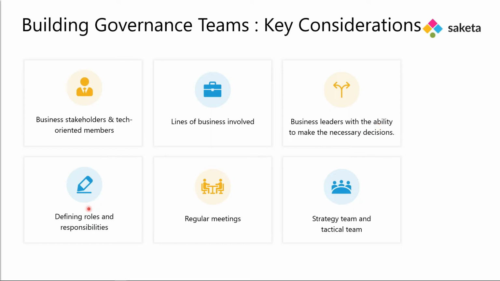And define clear roles and responsibilities for each and every person, regularly conduct meetings, collect feedback from those meetings and evaluate your governance plan, and build a strategy team, technical and tactical teams with business IT leaders, strategists, developers, operate and support people also. With the help of this great plan and great team, you can build a robust governance.